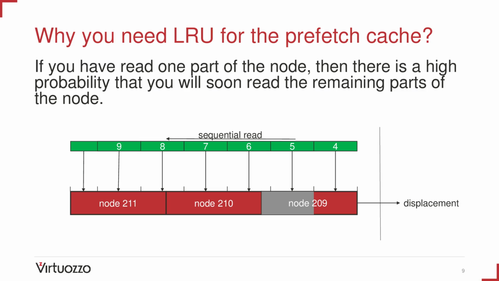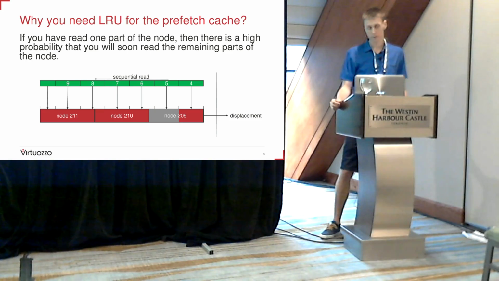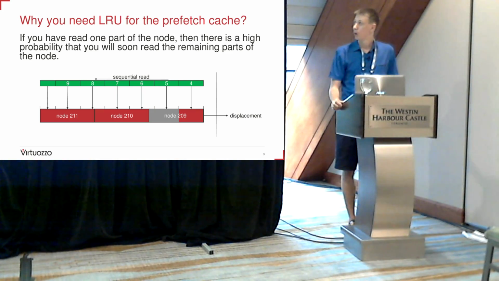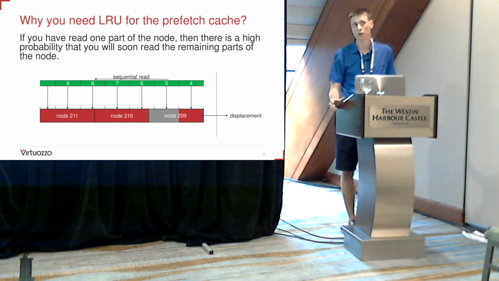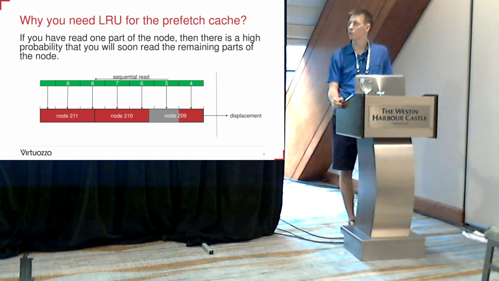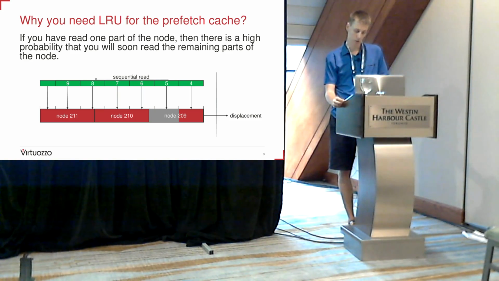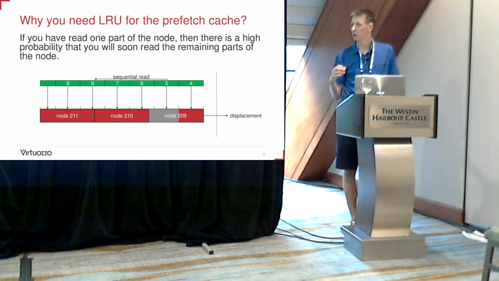LRU is needed for only one thing: to allow reading a node from the cache even if part of the node has already been read. Otherwise, after reading part of a node, the node could be displaced, which is not very good because we lose the necessary cache which is actively used. Therefore, to hold an actively used node, we just move it up the list.